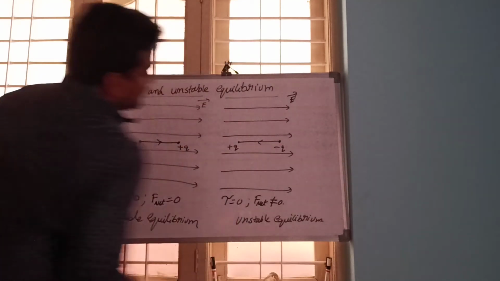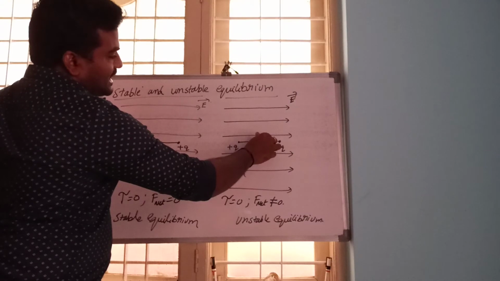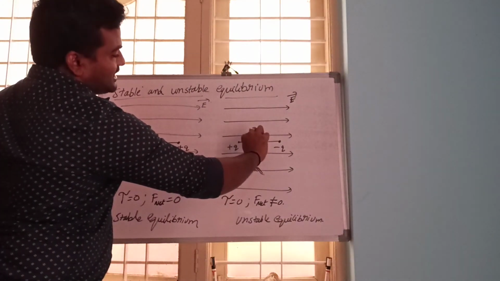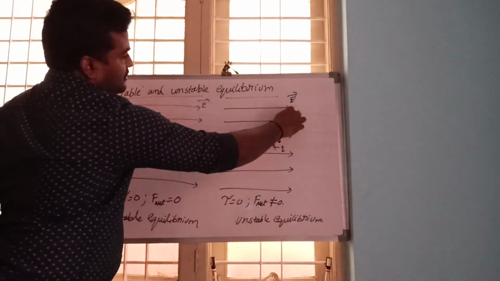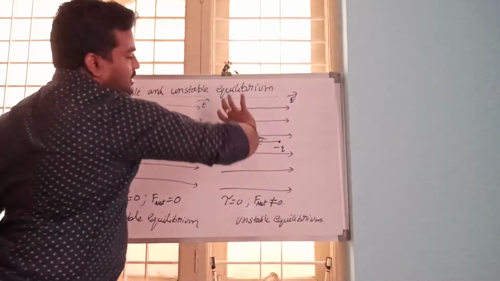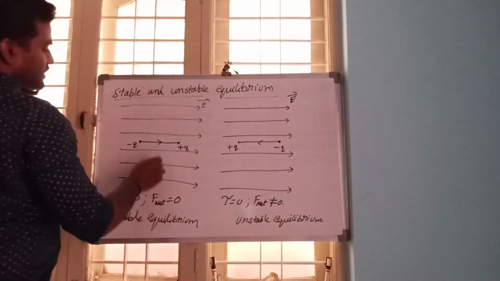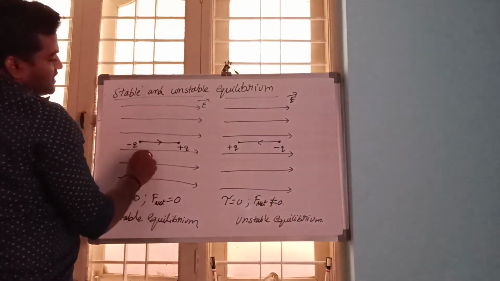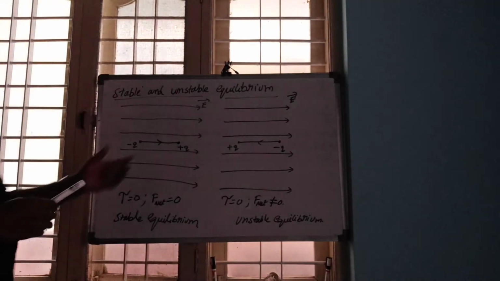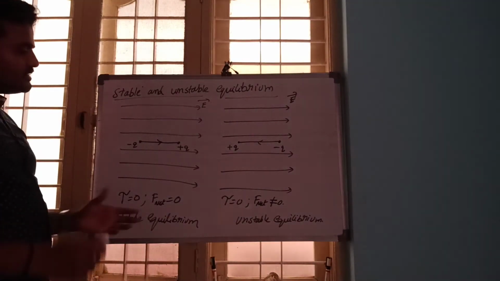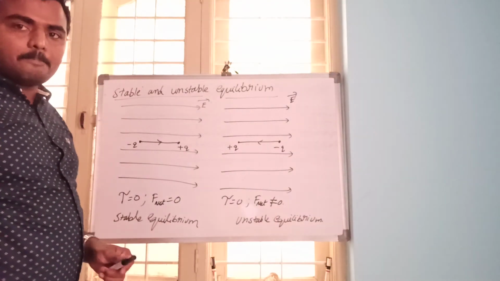Unstable equilibrium means if you slightly displace this electric dipole with respect to the electric field, then it will come to rest by making some maximum torque. But in stable equilibrium, if you slightly displace it, it will come back to the same position. So this is stable and unstable equilibrium.